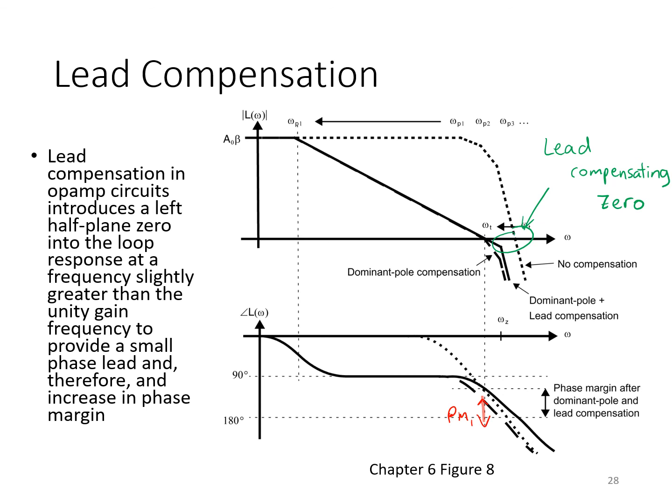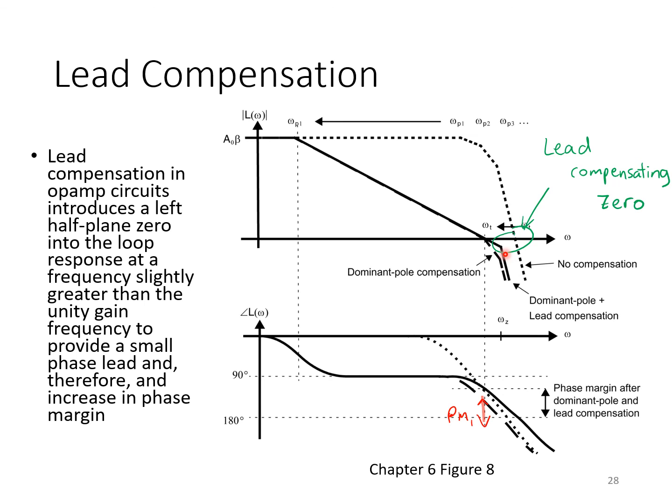Now, doing so will give rise to the solid line magnitude response shown here. Because we've introduced the zero, the magnitude response will bend up slightly and may counter the extra roll-off introduced by the equivalent second pole. Eventually, third, fourth, higher order poles will kick in, and we expect the magnitude response to start dropping more sharply again.